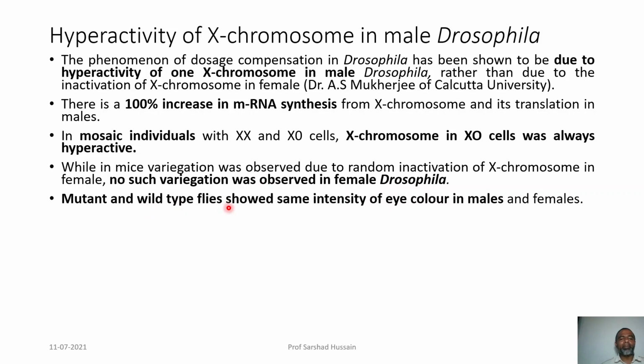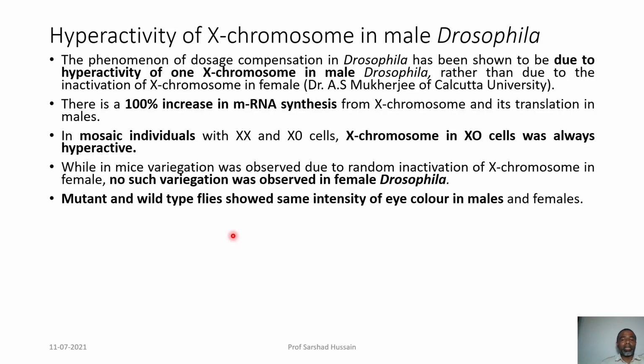Mutant and wild type flies showed the same intensity of eye color in males and females. The gene for the eye color is also present on the X chromosome in case of Drosophila. So, when the wild type and the mutant were compared, the wild type will have both the chromosomes having the similar type of the genes, and the mutant was having only the single dose of the gene, one is dominant, other recessive, or one is normal, other is mutated.